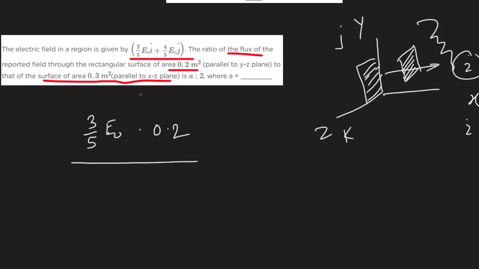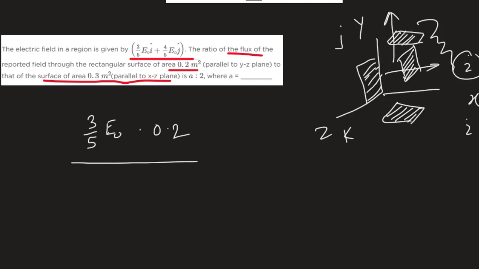So the other area is parallel to the xz plane. So this is the xz plane, right, like this. So this particular area will come something like this. So you can see that this particular flux will pass vertically.